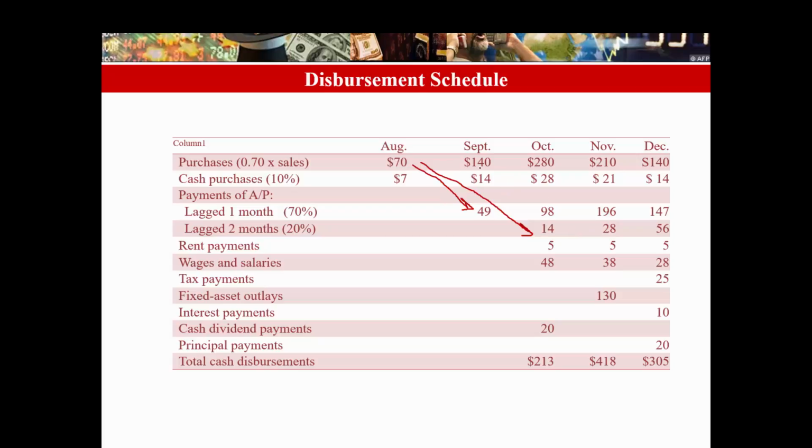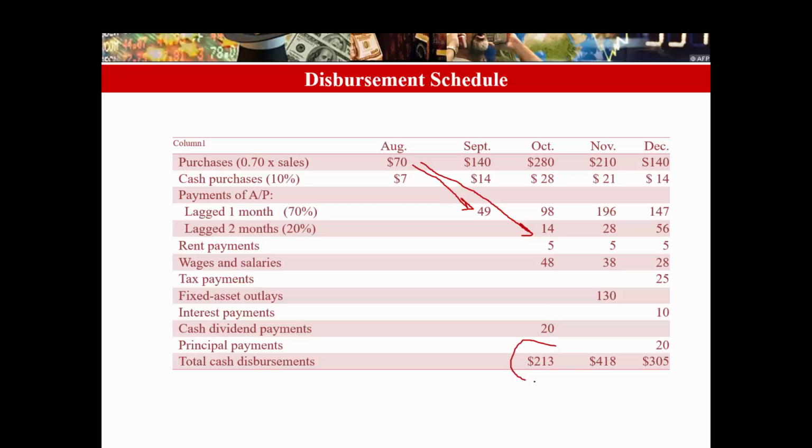So based on all of this data, we have disbursements that are going to be $213,000 in October, including rent, wages, salaries, and so on.